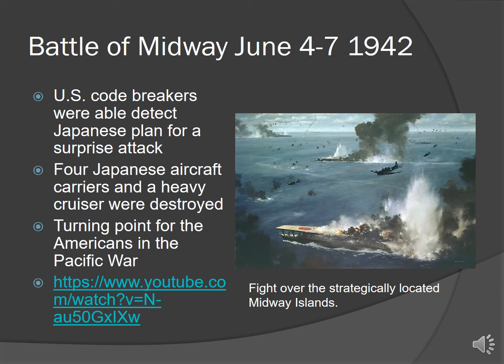And this is very important for U.S. strategy because, as we mentioned before, aircraft carriers are very large, expensive, and time-consuming to build. And the Japanese simply did not have the resources at this point in the game to do that. So this is really going to disable their fleet. So this is a huge turning point for the Americans.